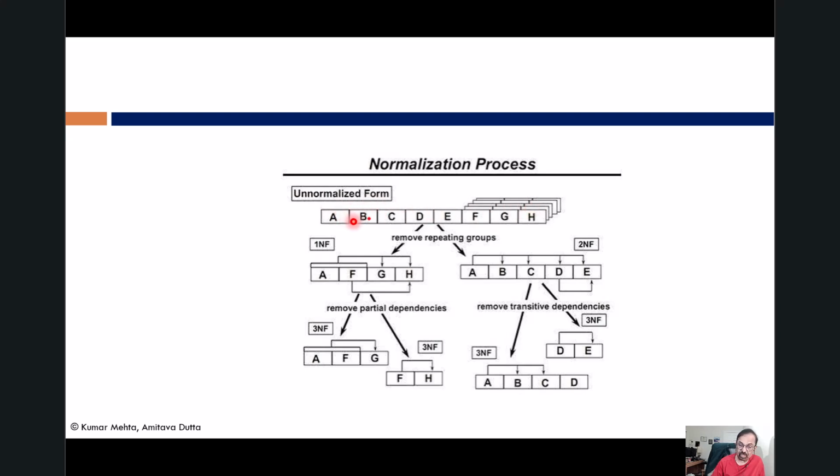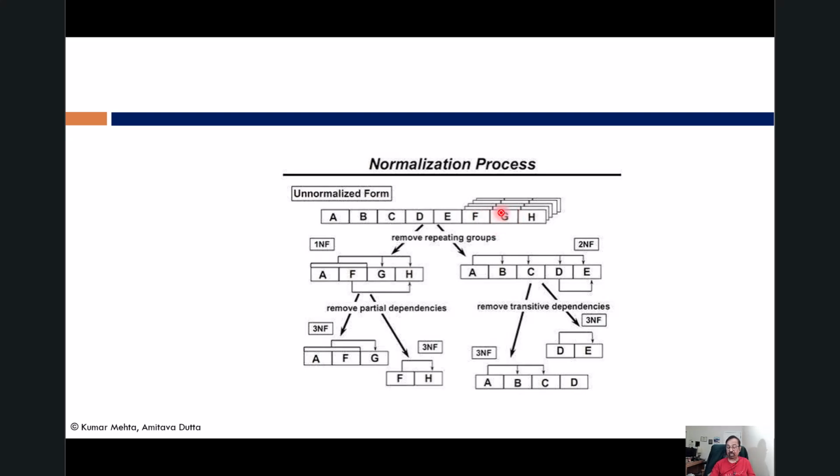So A, B, C, D, E, F, G, H are columns in a table. So think of this diagram as a table consisting of 8 attributes. However, 3 of these attributes are repeating groups. That means if I look at these 3 columns, they can take multiple values.